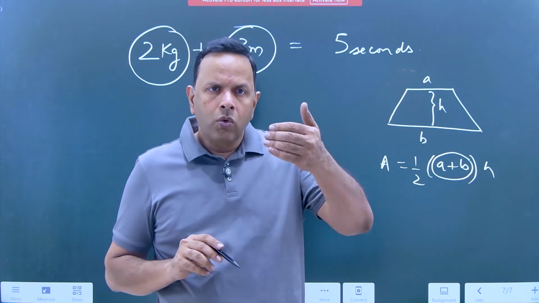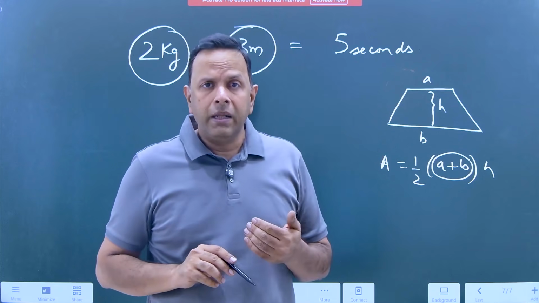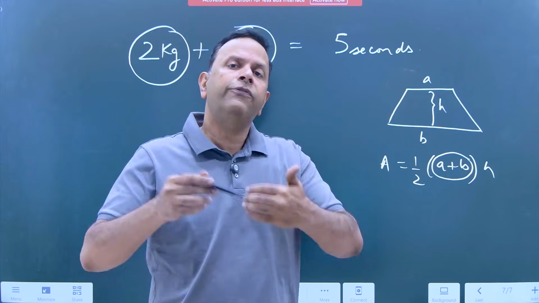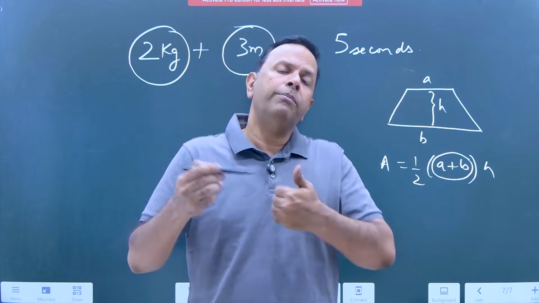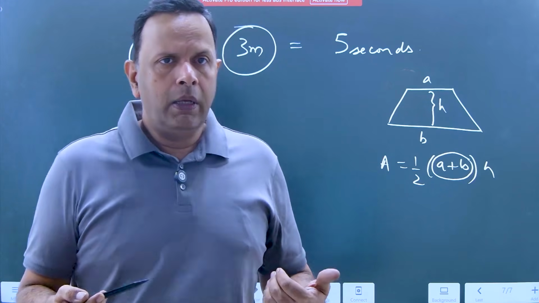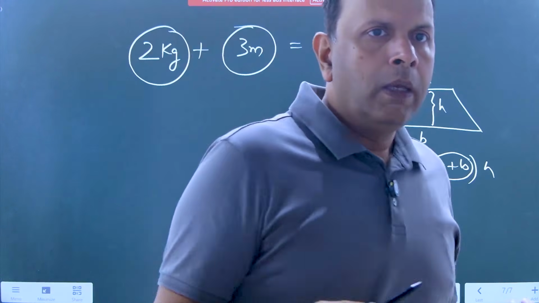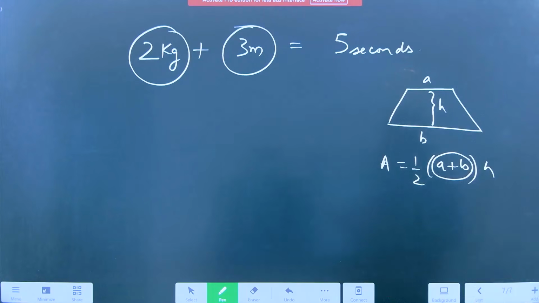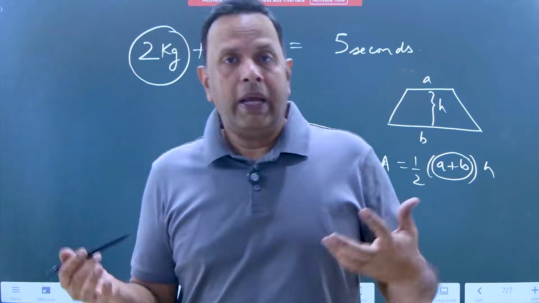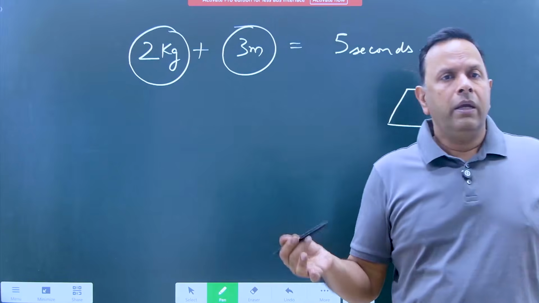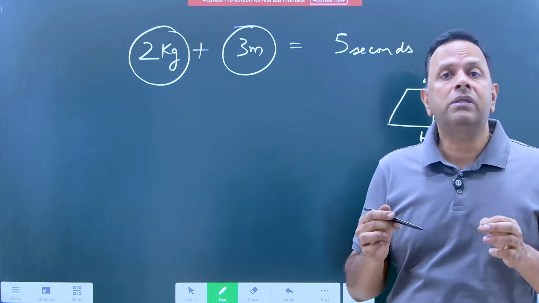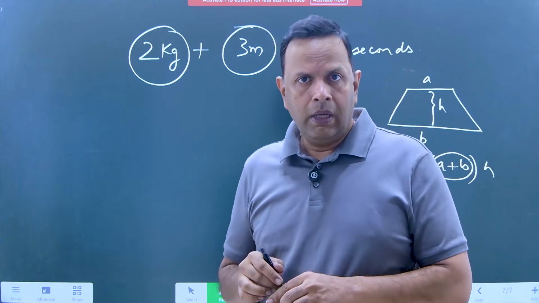So now see, there is a sum involved of A plus B. Now tell me, could you add A and B if they were different physical quantities? If A was a length and B was an area, would we be able to add A and B? No. So that's how, if addition or subtraction is going on, and I say it is going correctly, it is enough to say that they must have the same dimensions.